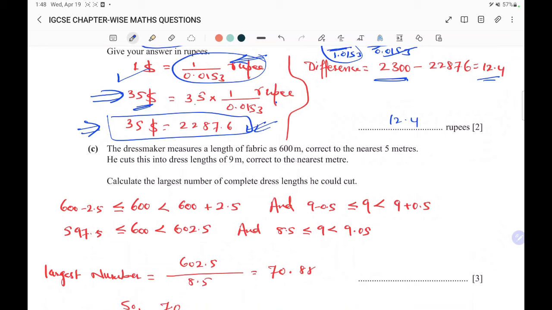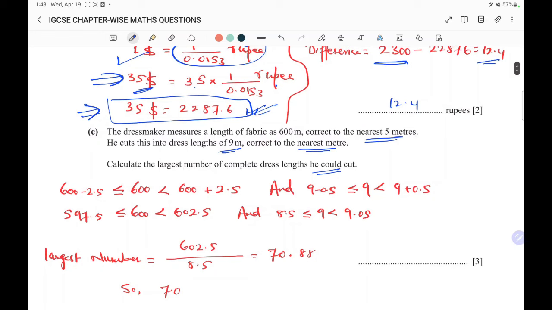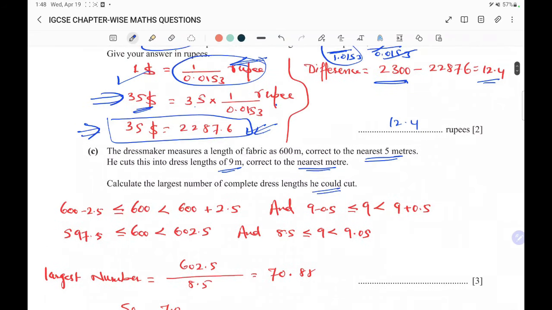Okay, part C says a dressmaker measures a length of fabric as 600 meters correct to the nearest 5 meters. He cuts this into dress lengths of 9 meters correct to the nearest meter. Calculate the largest number of complete dress lengths he could cut. This question is based on bounds.